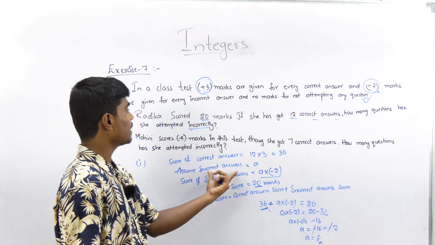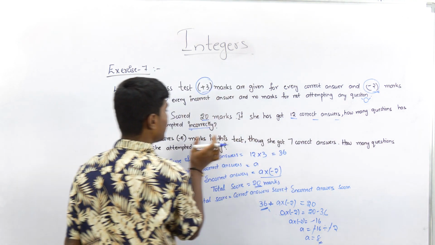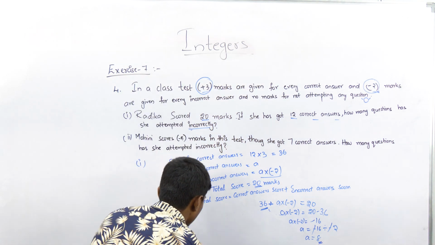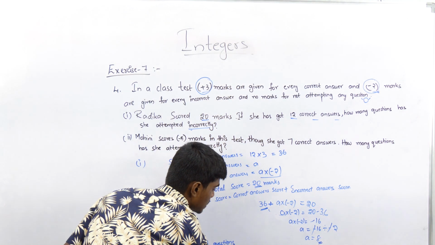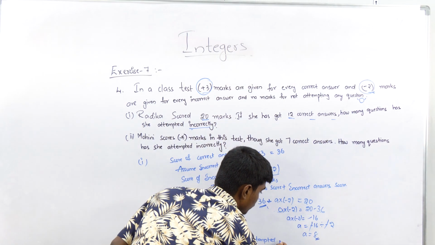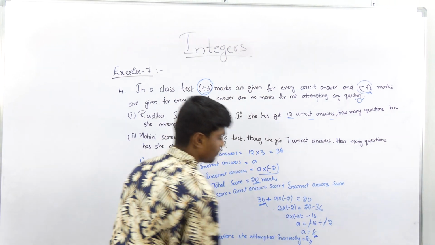A is incorrect answers. So the number of questions she has attempted incorrectly is 8.